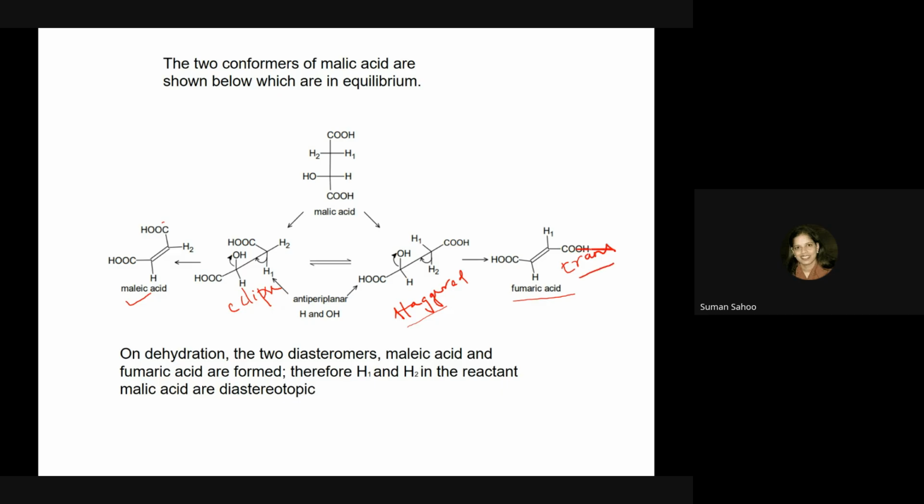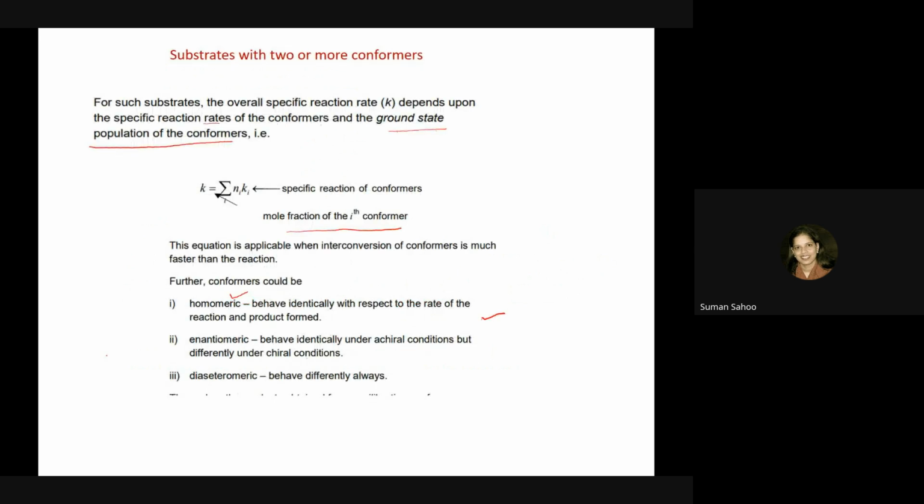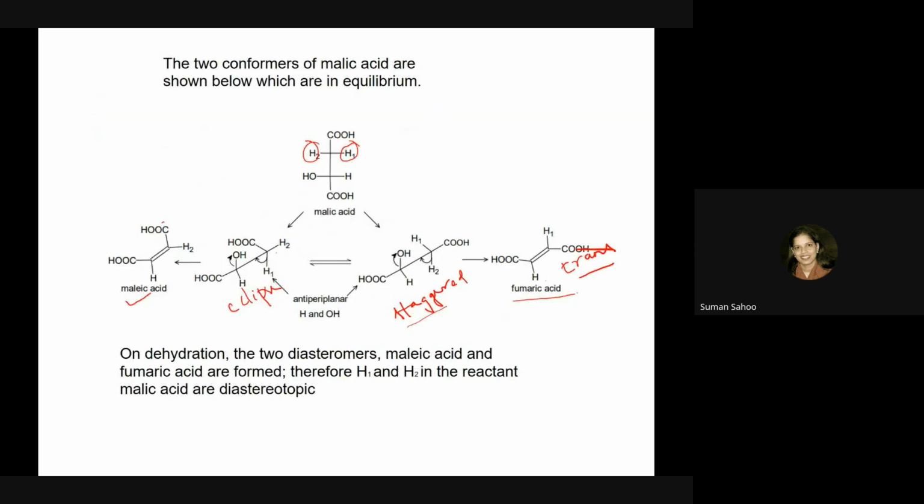So that is going to give two different diastereomers, because the relationship between maleic acid and fumaric acid is that they are diastereomers. So we can say that these hydrogens are diastereotopic, and these two conformers are diastereomeric, because they give two different diastereomers.